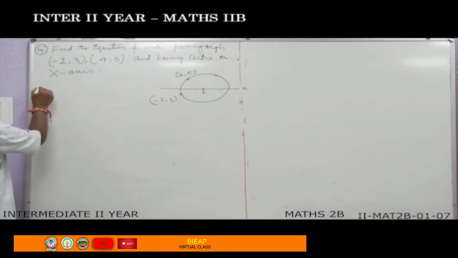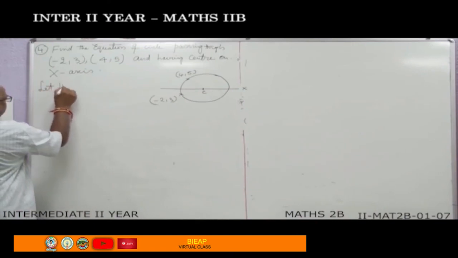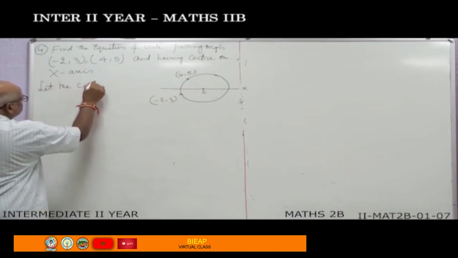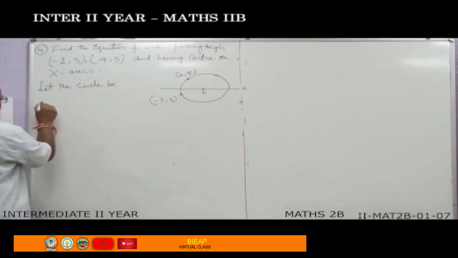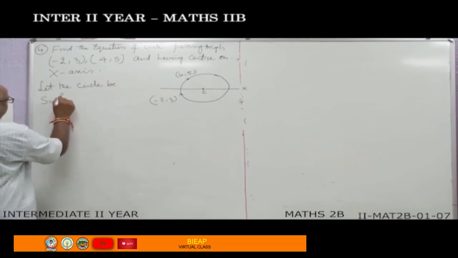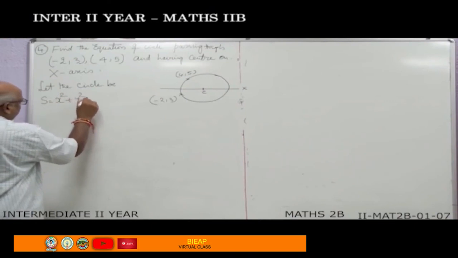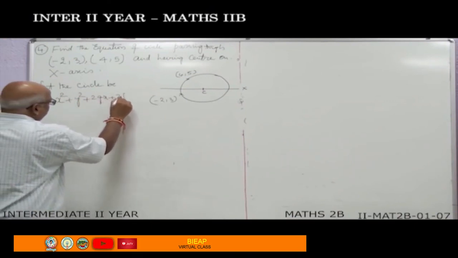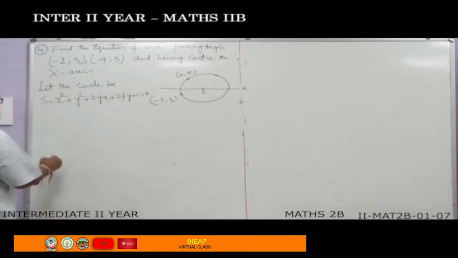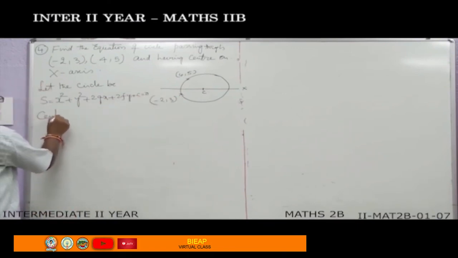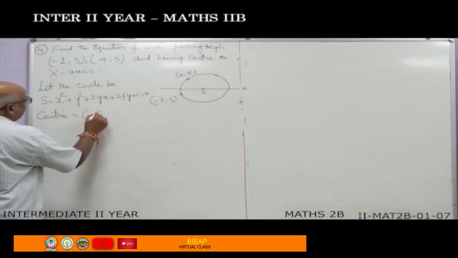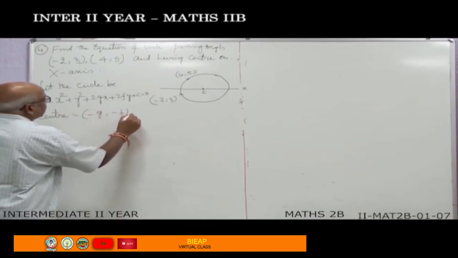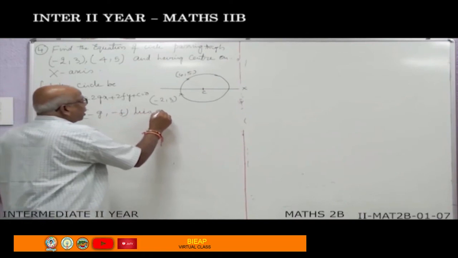Here, let the circle be S equal to x square plus y square plus 2gx plus 2fy plus c equal to 0. Center, minus g, minus f, lies on x-axis.